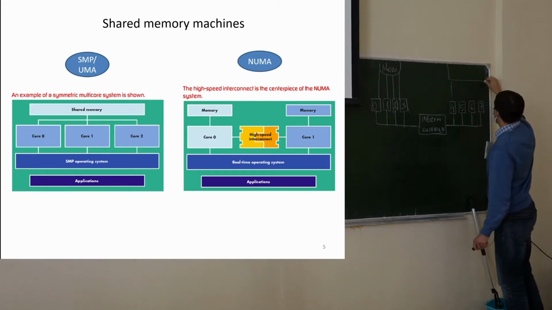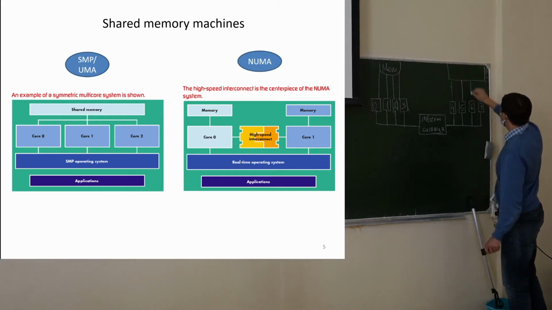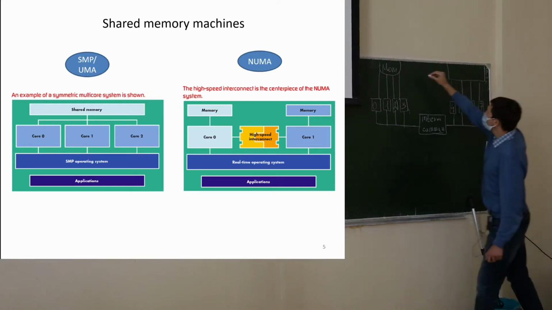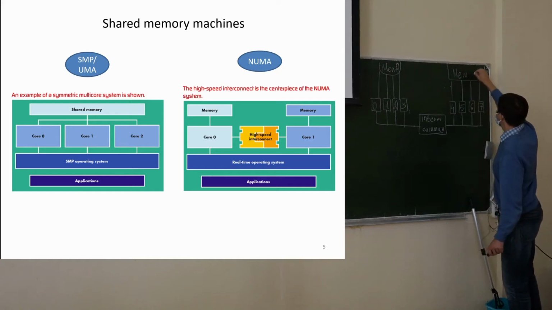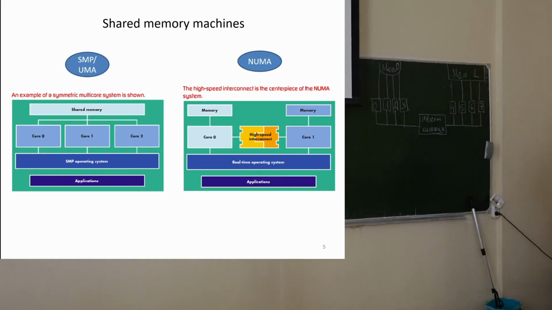And all of them are connected with its memory. Here you can see the same picture as it was here. So you can see that all these 4 cores are connected with this memory in a uniform way.